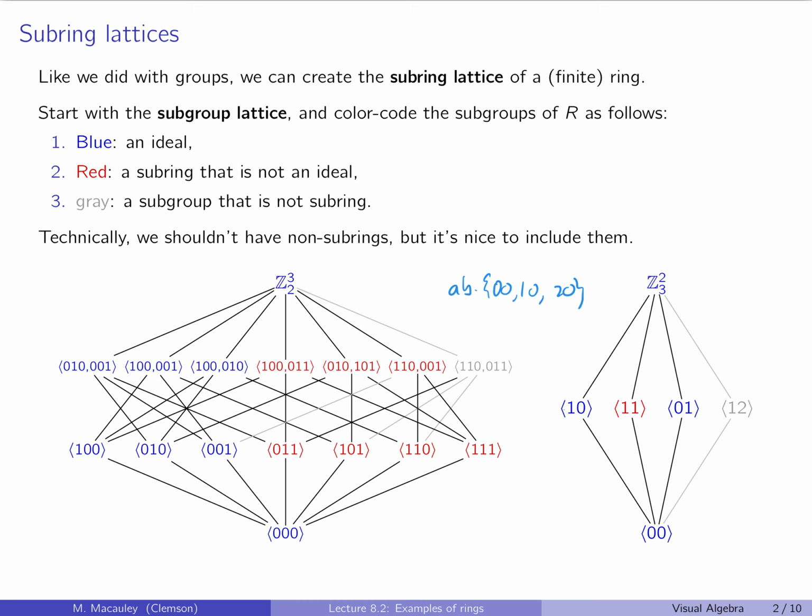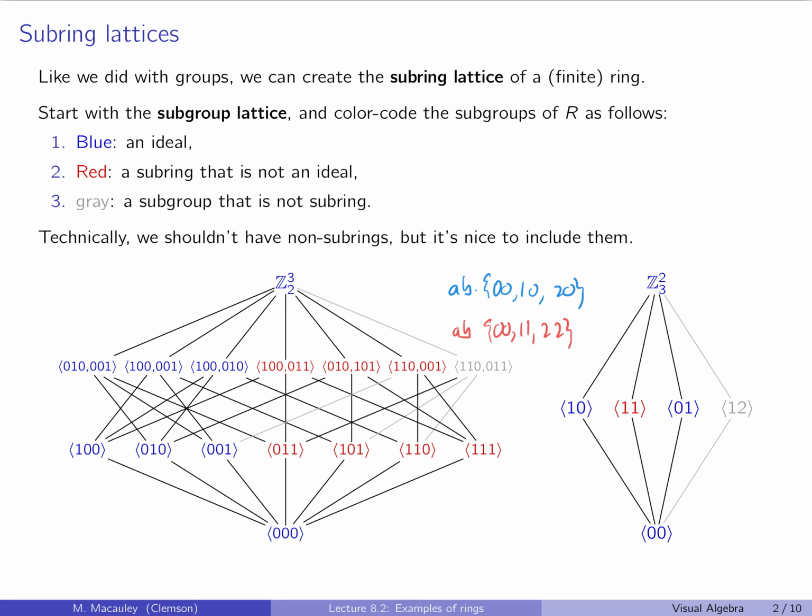So this is an ideal. This is a subring, because this contains (0, 0), (1, 1), (2, 2). Again, remember this is how I write ordered pairs. Now this is closed under multiplication, but if I multiply it by something of the form (a, b), I get (a, 0), which is not in here.